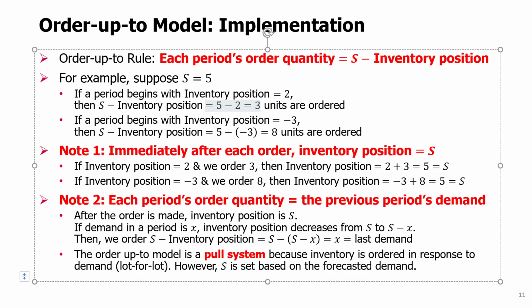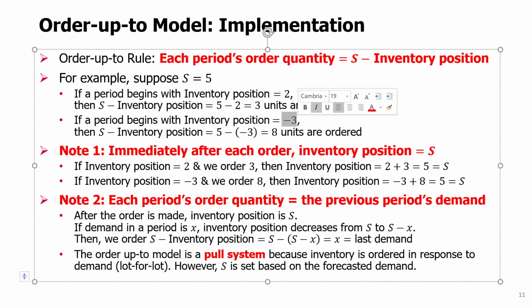Why is inventory position 2? Well, remember, it is inventory level plus on order inventory. So it's aggregating all our information about on hand, back order, and on order inventory. Now, if a period begins with inventory position minus 3, why could it be minus 3?